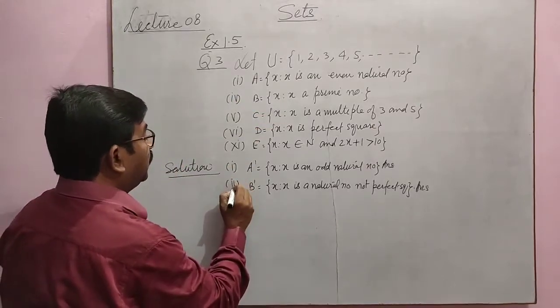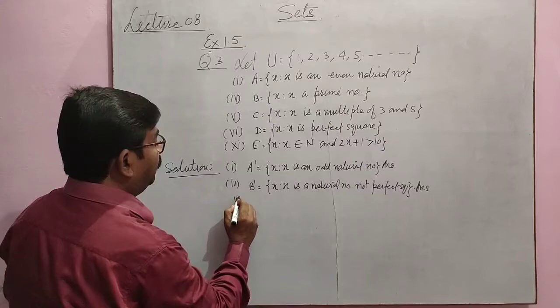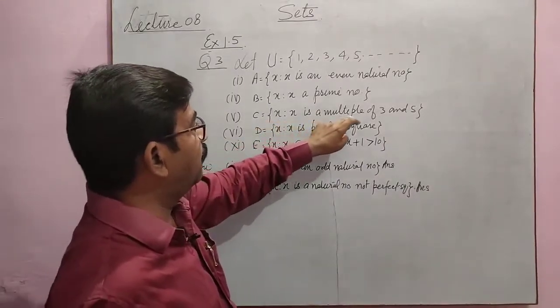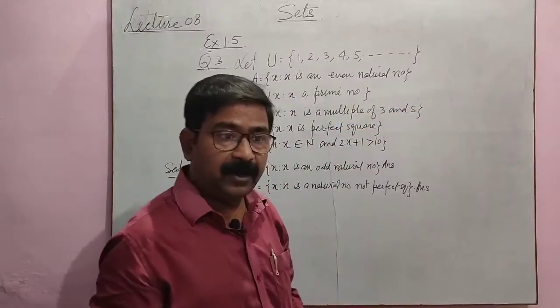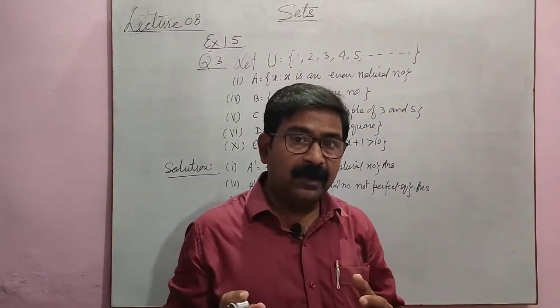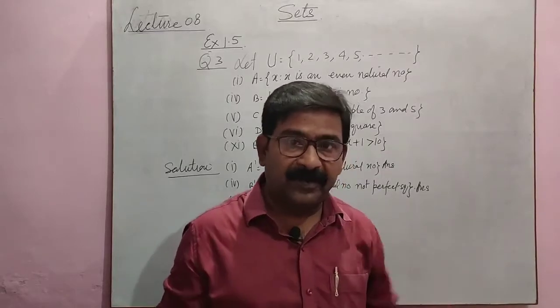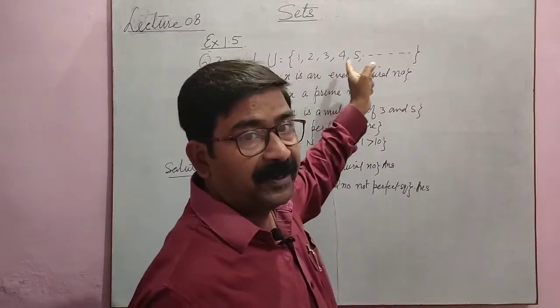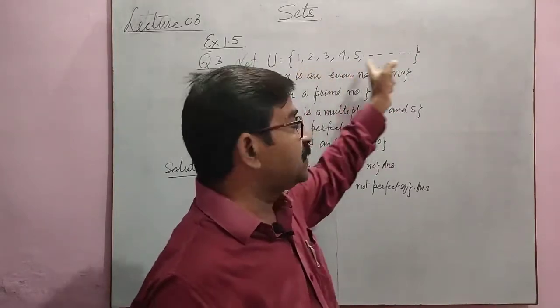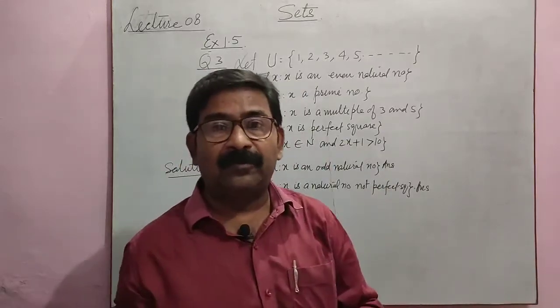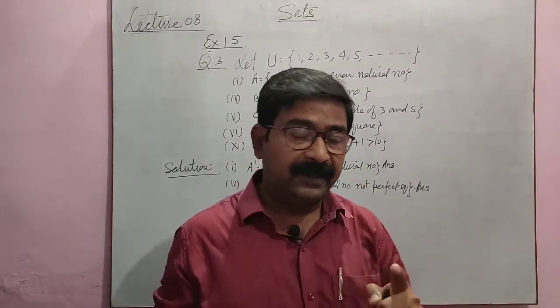I should write the fourth part. Now see the fifth part, x such that x is a multiple of 3 and 5. Try to understand, a number which is a multiple of 3 and 5 will be a multiple of 15 also. So if all the numbers which are multiples of 15 are removed from the universal set, from natural numbers, then all those numbers which are not multiples of 15 will be left in the set.